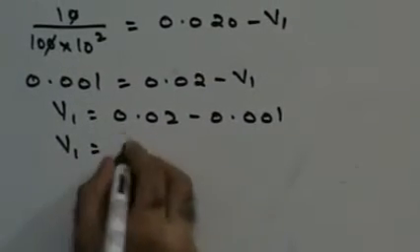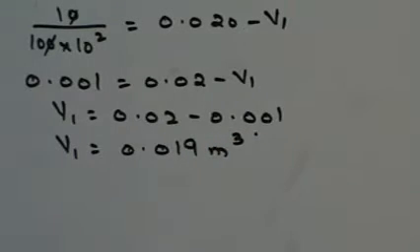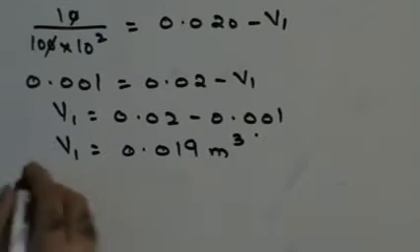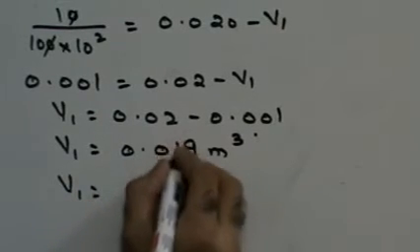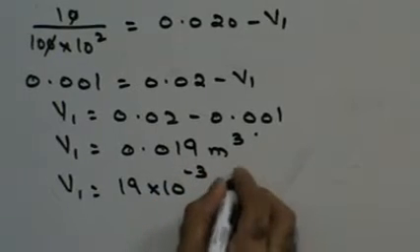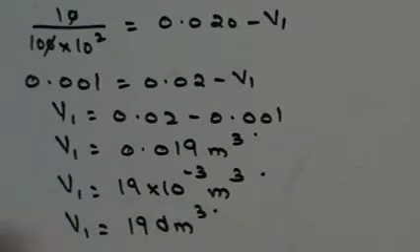So V1 will be equal to 0.019 meter cube. Once I have this answer in meter cube, I can convert this into decimeter cube. This can be written as V1 equals 19 into 10 raised to minus 3 meter cube. I want to convert it into decimeter cube, so multiply by 10 raised to 3. So V1 will be 19 decimeter cube. So the initial volume is 19 decimeter cube.